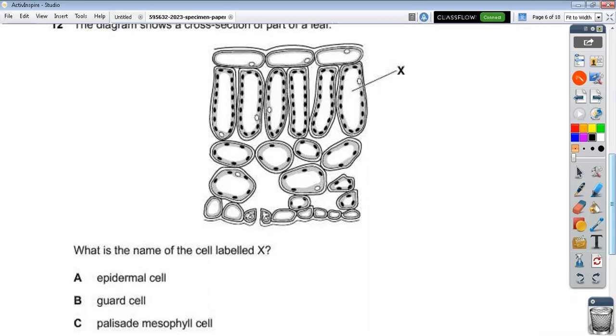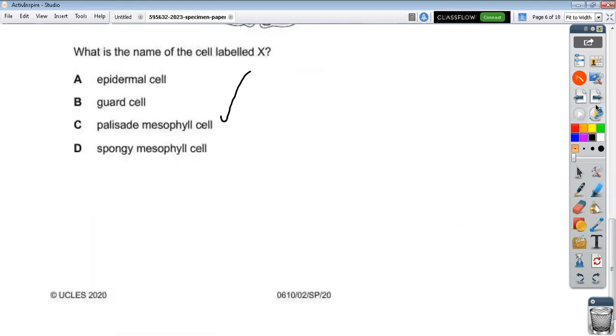What do you call it? Is it C? Yes, the palisade is the one with many chloroplasts, where most photosynthesis takes place. Palisade mesophyll cells.